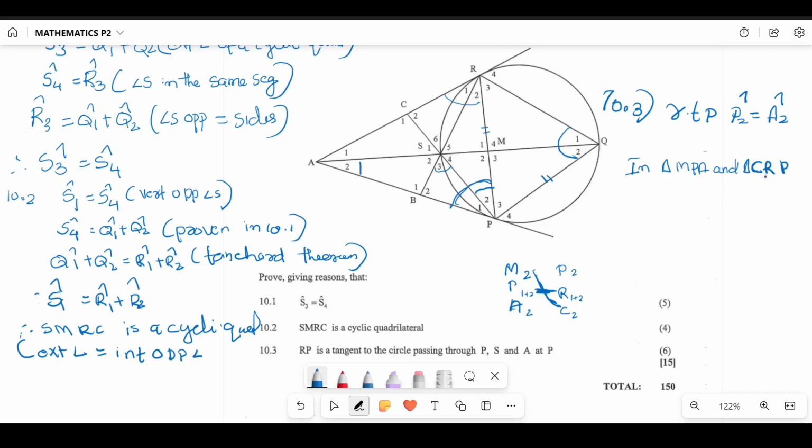Now in these two triangles, we can start by saying M2 equal to C2, because exterior angle of a cyclic quadrilateral.